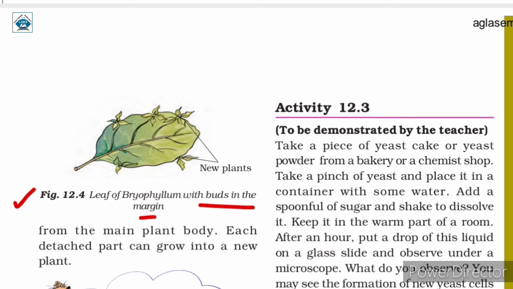So, Bryophyllum is a sprout-leaf plant which has buds on the margins of the leaf. When a leaf of this plant falls on moist soil, each bud on the margin can turn into a new plant.